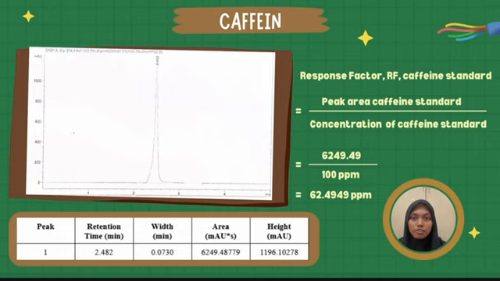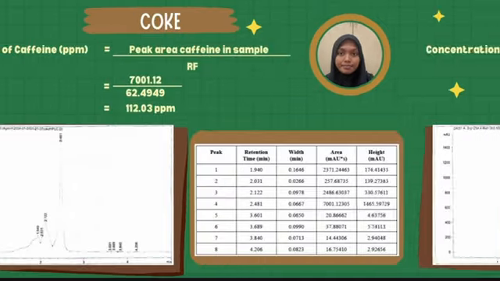The concentration of the caffeine standard is 100 ppm. The peak readings were obtained using a chromatography system where the detector measured the response at specific retention times. Thus, the calculated RF is 62.4949. Additional data such as retention time, width, area, and height were also recorded for further analysis.